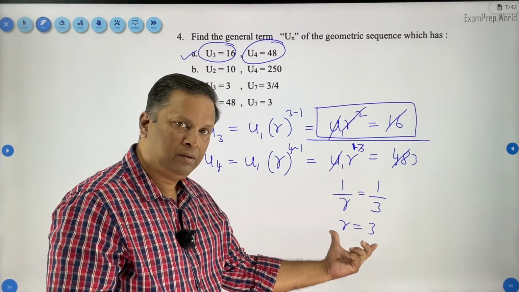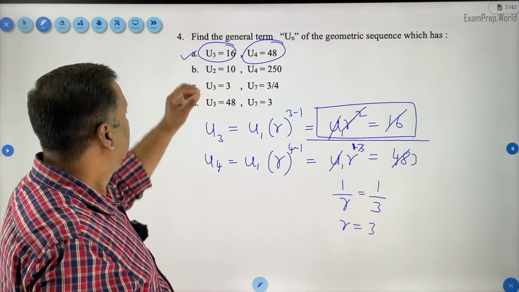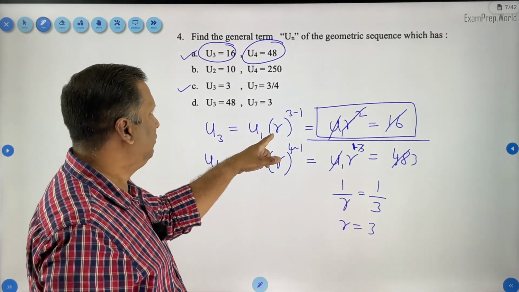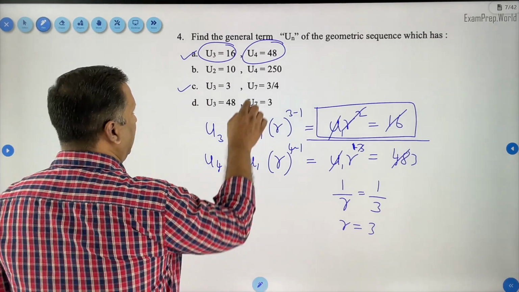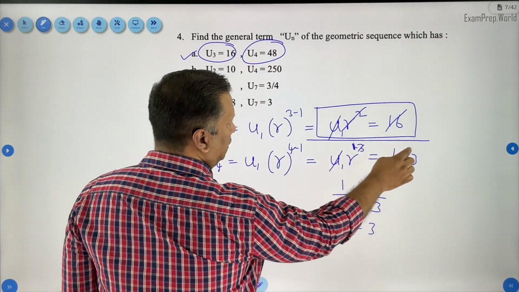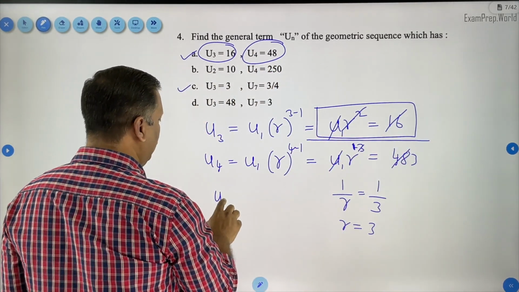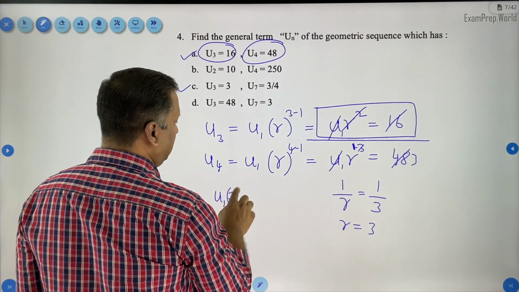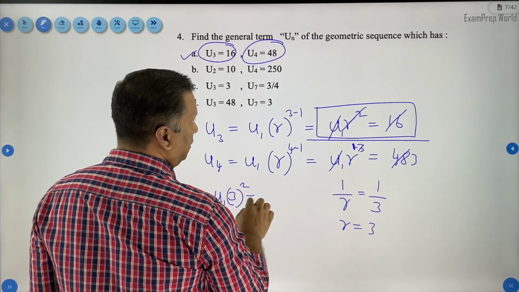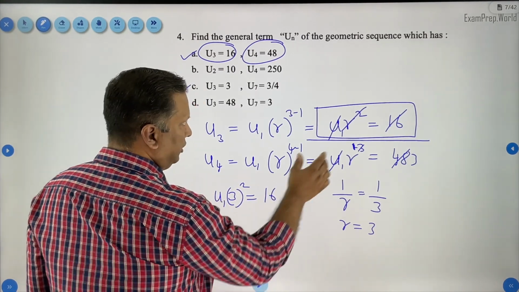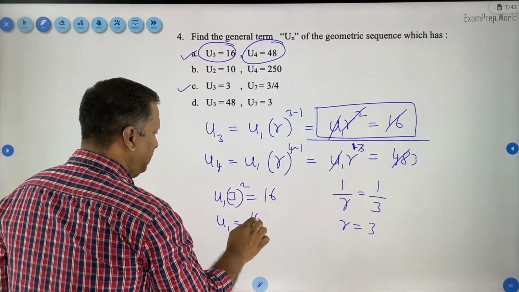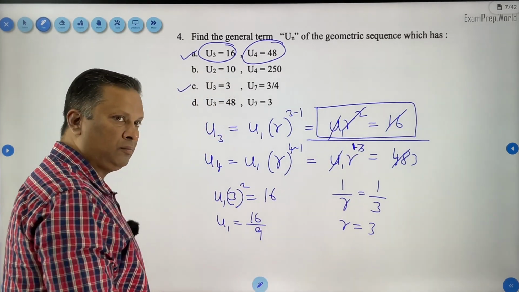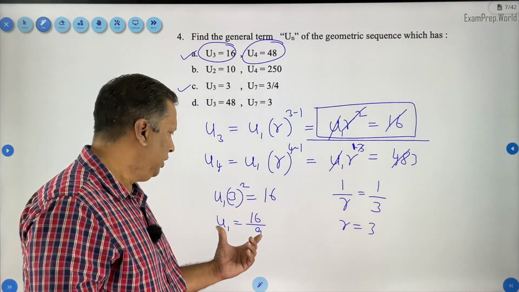Now you have R, and if we input it in any one of them, we will get U1. So I am going to put it in this one. U1 times 3 square equals 16. So I am getting U1 as 16 upon 9. So this is my U1.